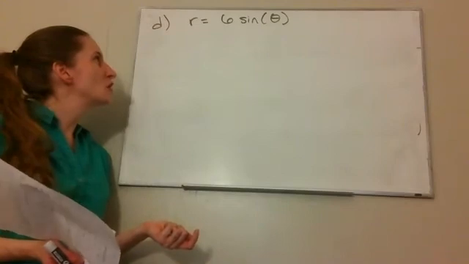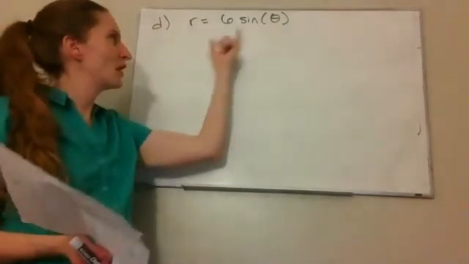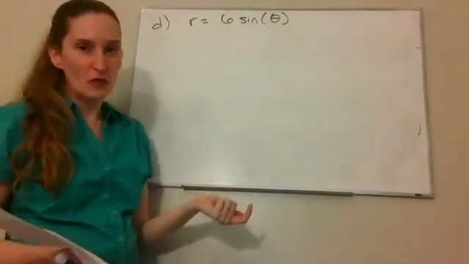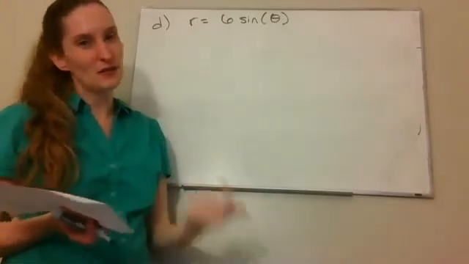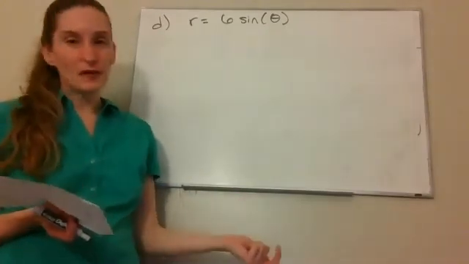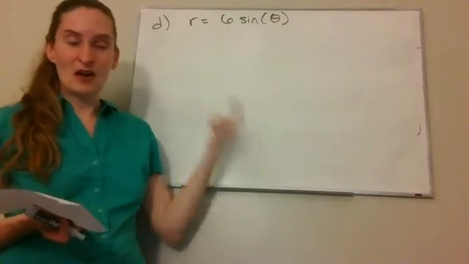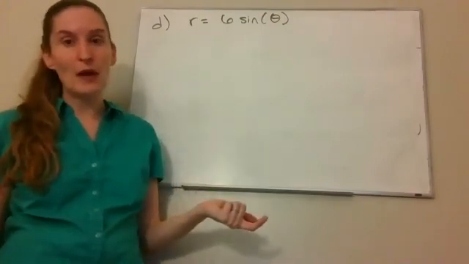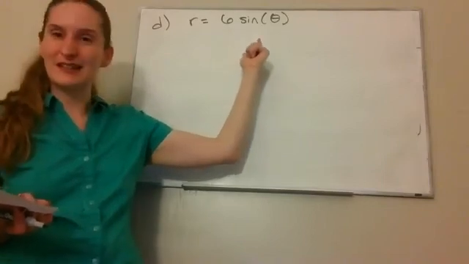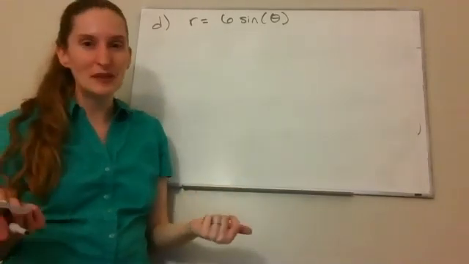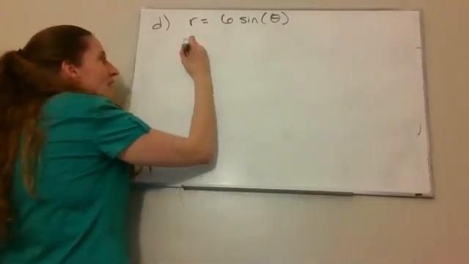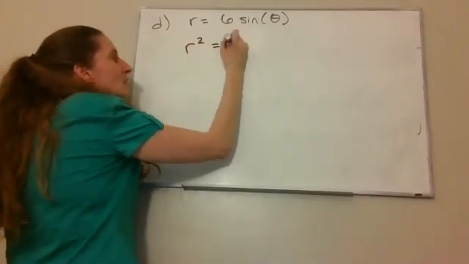One thing I could do is, you would think we could maybe divide by sine theta, get all of that on one side, but I don't know what r over sine theta is. I only know what r times sine theta is. Well, on an earlier problem, we squared both sides, and that got me an r squared, which is x squared plus y squared. But I don't know how I would simplify 36 sine squared theta, so I would still be stuck. However, I can multiply both sides of the equation by r.